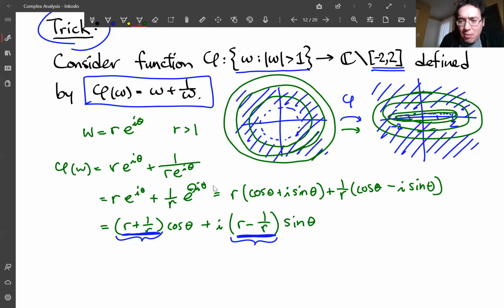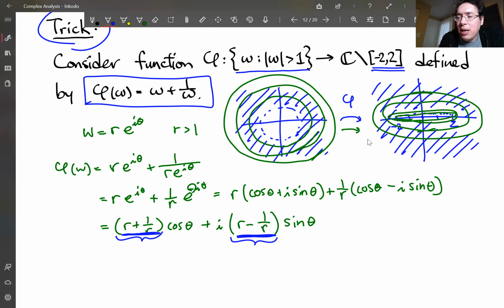Let's jump back to the picture. And hopefully this picture of phi mapping makes sense now. We have rings of larger and larger radius. It's going to be mapped to ellipses in the image where the semi-major axis starts at 2 and gets larger and larger.